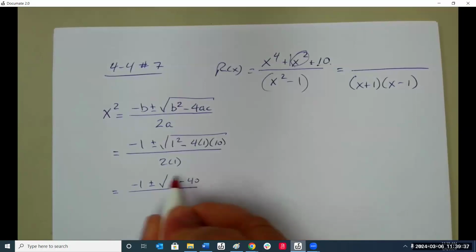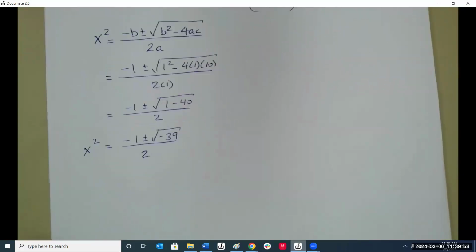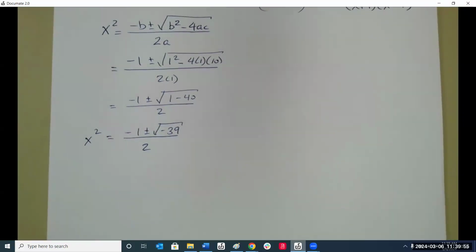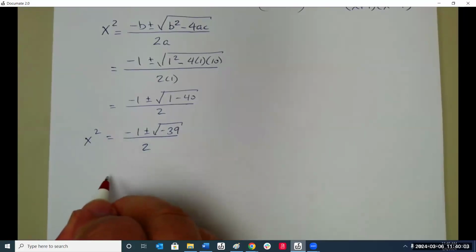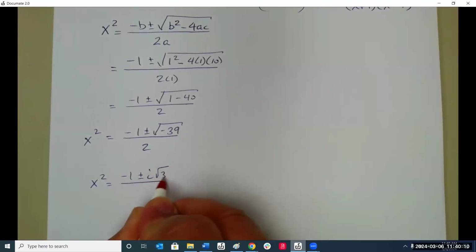One minus 40. Well, that's not going to be good, because we have an imaginary term in the middle. So this is going to equal negative 1 plus or minus i radical 39.